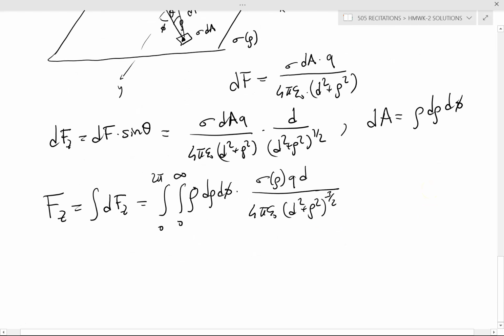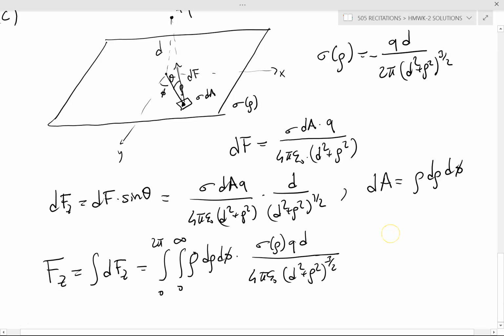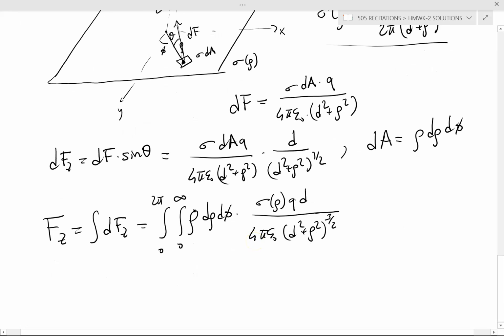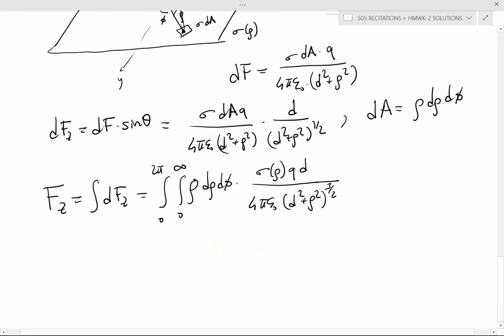That is the integration that I need to take. And also remember that this is the expression for sigma rho. Since we have a phi symmetry, I can take this out as 2π.